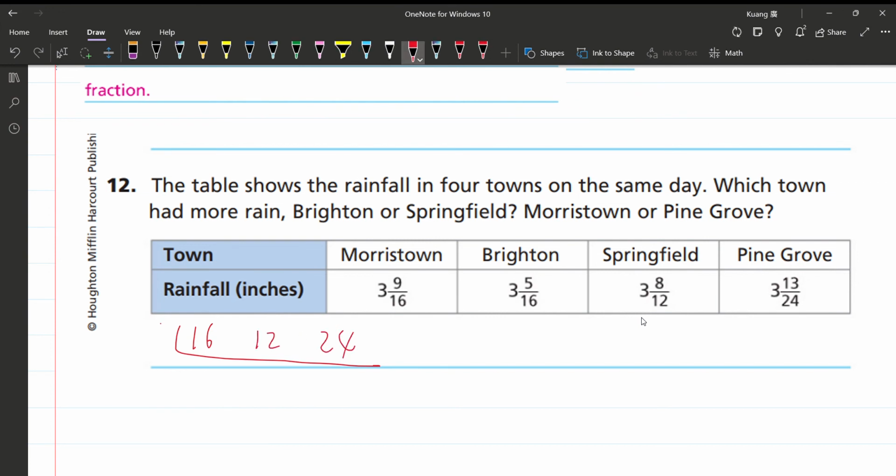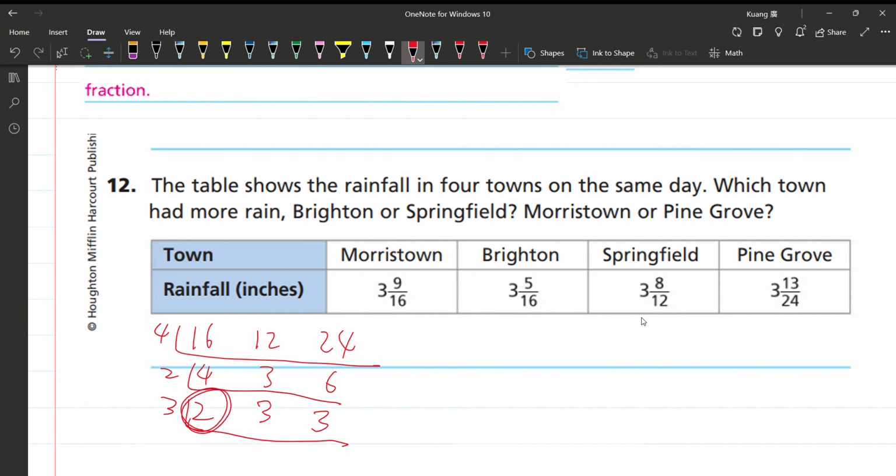So first, I divide by 4. 4, 3, 6. And divide by 2. Okay, this part is important. Even though 3 cannot divide by 2, 4 and 6 can divide by 2. So we keep going. So it will be like this. And then divide by 3.